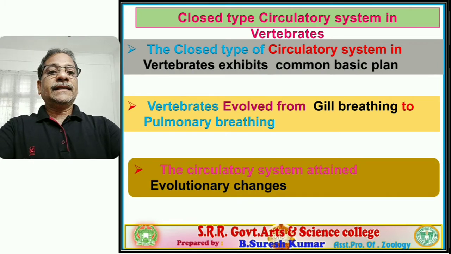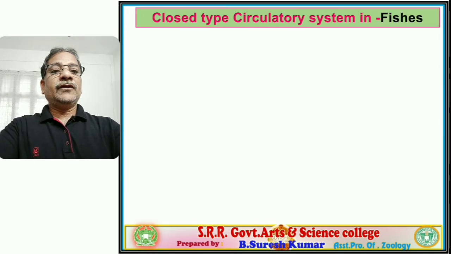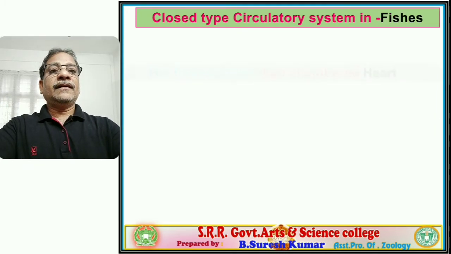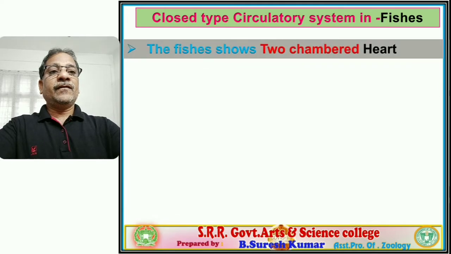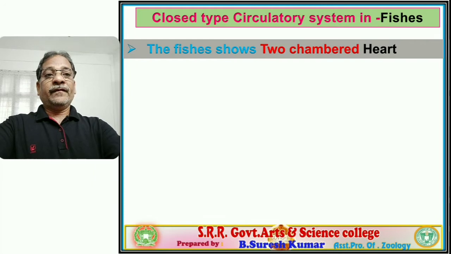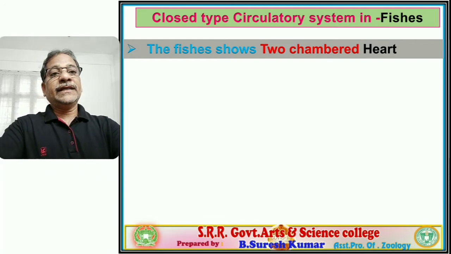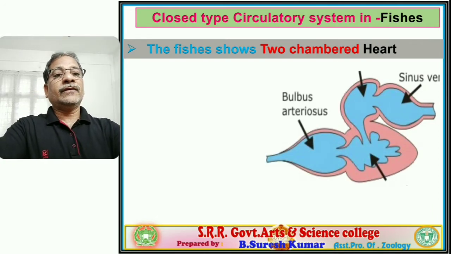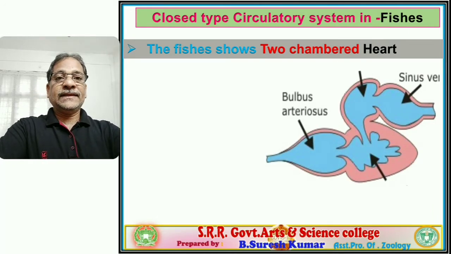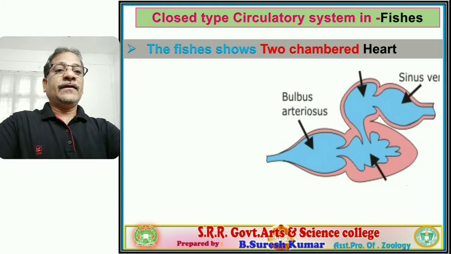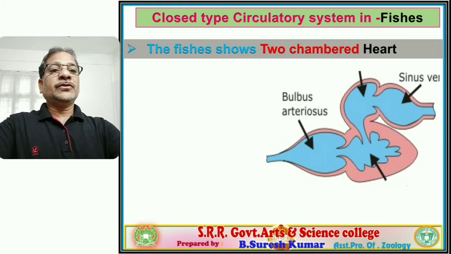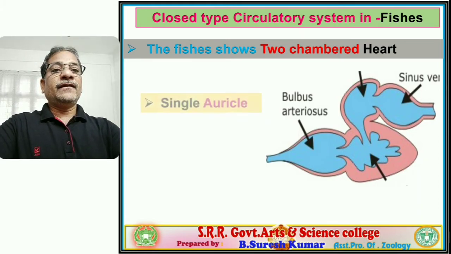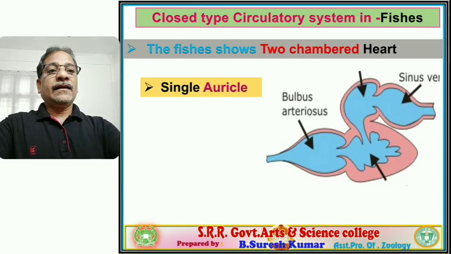Next, the circulatory system attained evolutionary changes. So let us see what evolutionary changes it attained. The first vertebrate group, fishes. In fishes, a two-chambered heart is present. You observe, this is the heart of a fish in which two chambers are there. The first chamber, the atrium, a single auricle, is present.